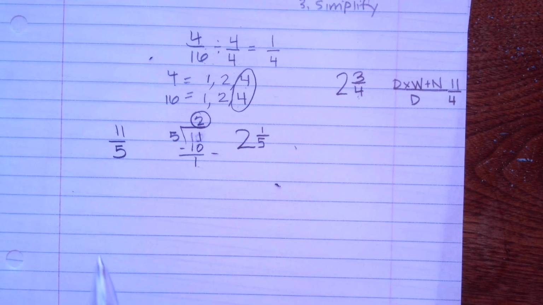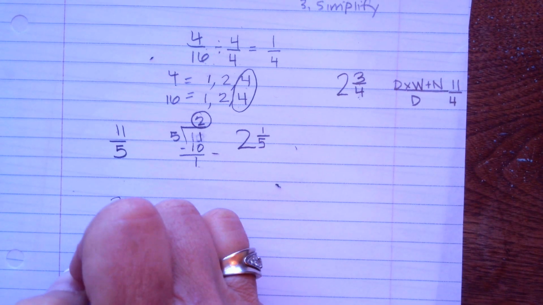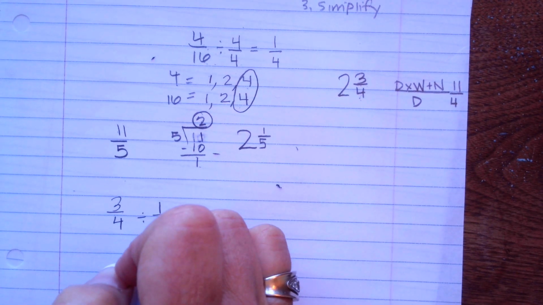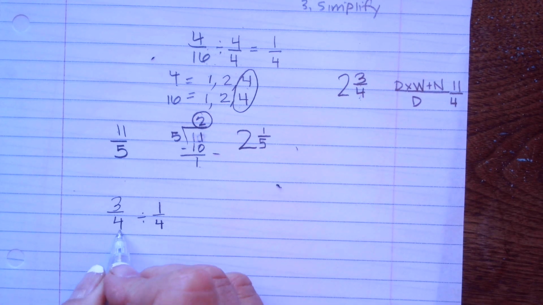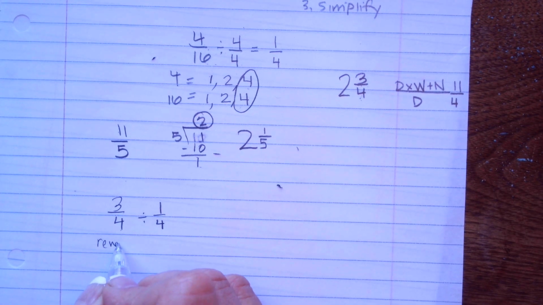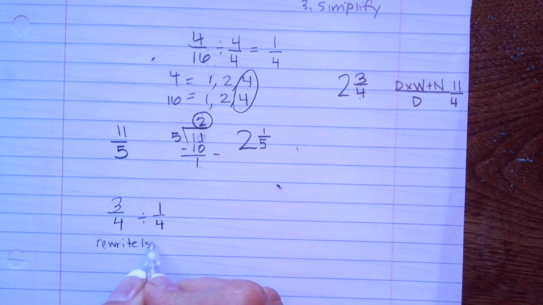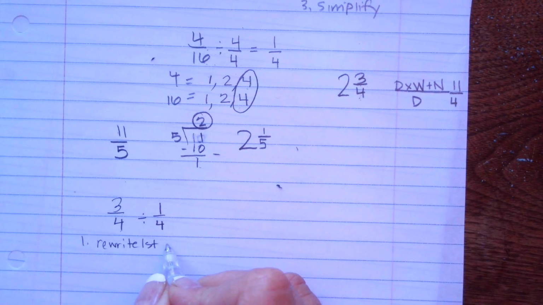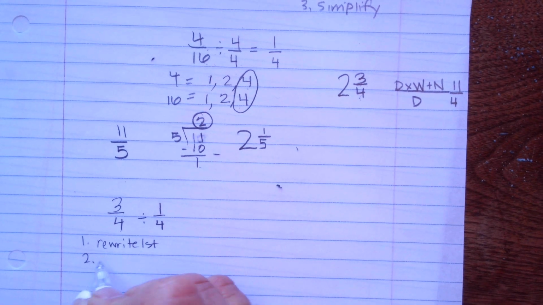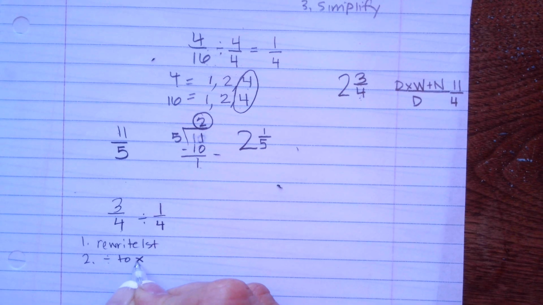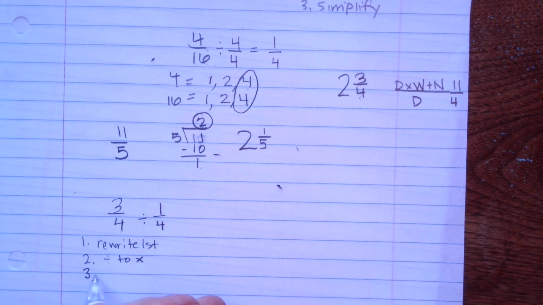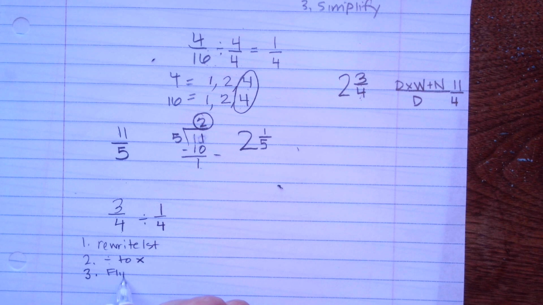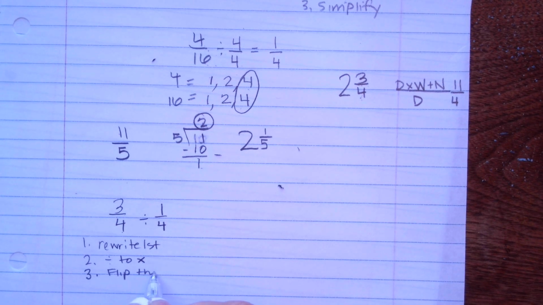Then the last thing we're going to do is division of fractions. So you rewrite the first fraction. You change the division to a multiplication. You flip the second fraction.